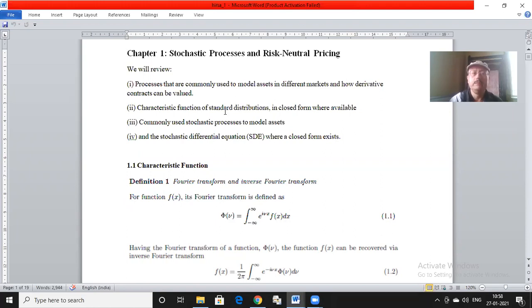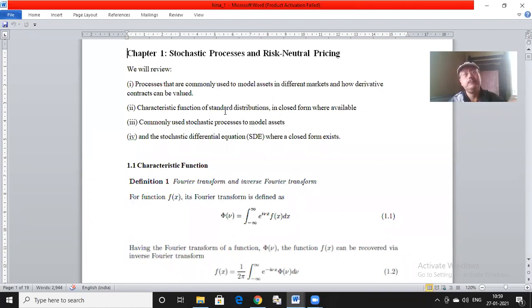And finally, we will talk about the stochastic differential equations where a closed form exists, because we will also point out situations where closed form equations do not exist. So equations may be implicit, and that's where the simulation methods will come into play. But first we will start with the simple ones which are analytically solvable.